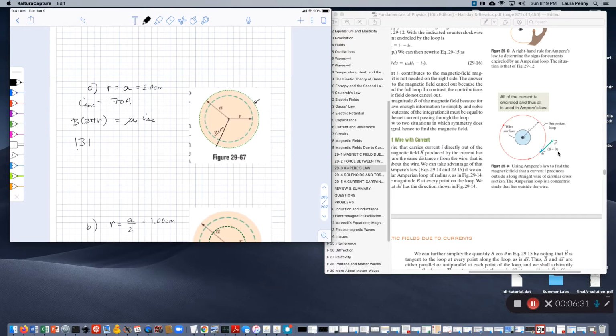So my magnetic field strength is mu naught 170 over 2 pi. But now I'm only at 2 centimeters away. So this is a stronger magnetic field. It's twice as strong.